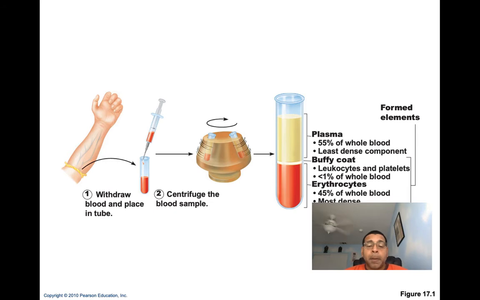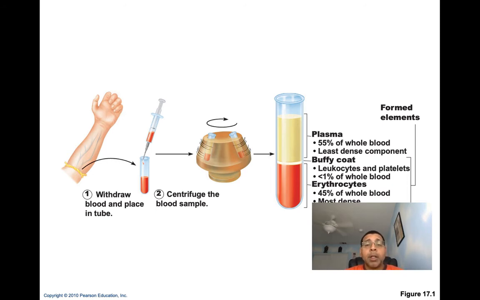Let's go through the living blood cells. First we have erythrocytes. Erythrocytes are your red blood cells, and their overall function is to transport oxygen. We're going to see CO2 as well, and how it all happens, but speaking overall, their function is to transport oxygen.